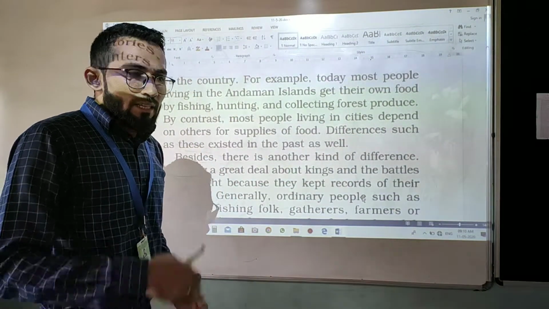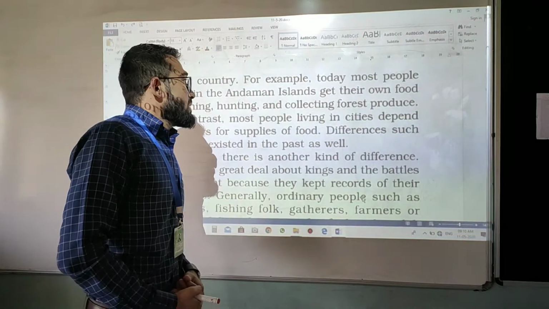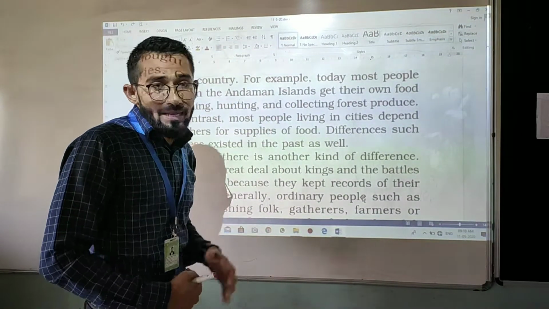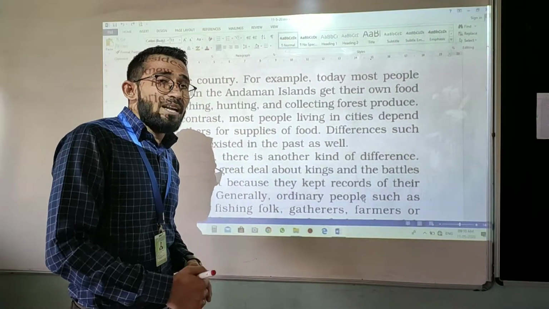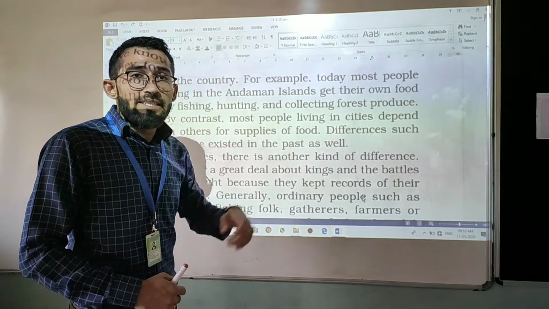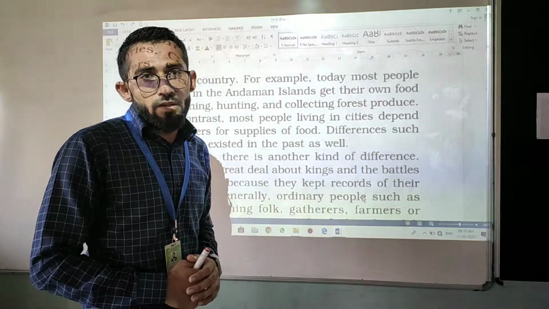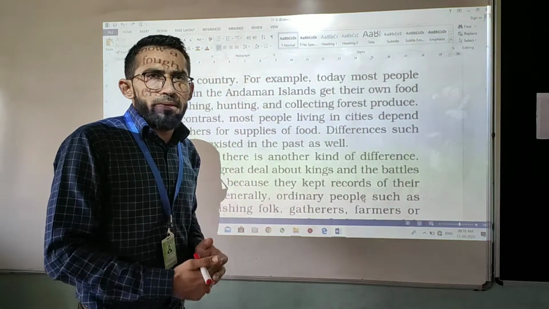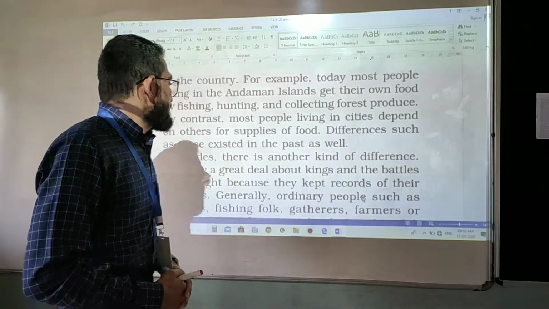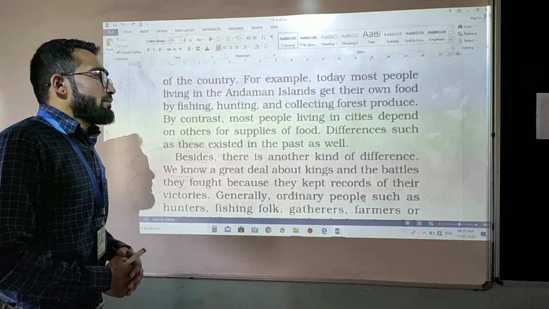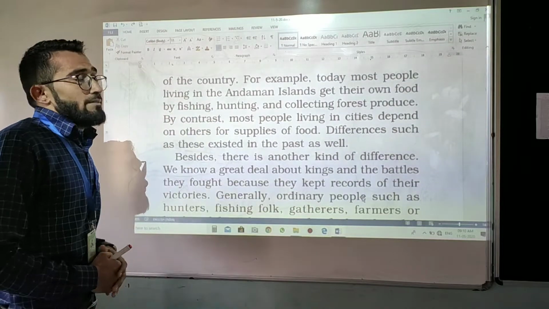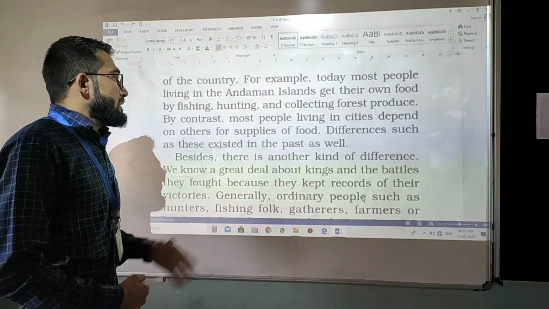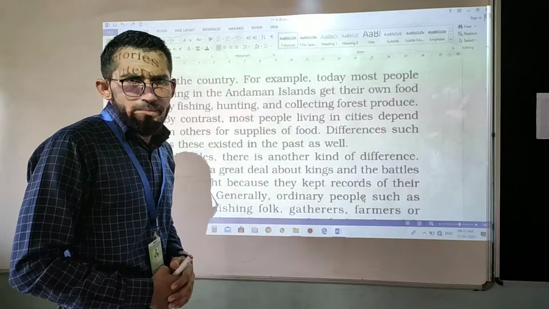It means that in this modern age, people living on the islands of Andaman still live a hunter-gatherer life, which was already lived by some groups of people in the past. Also, opposite to that, most people living in cities like us depend on others.